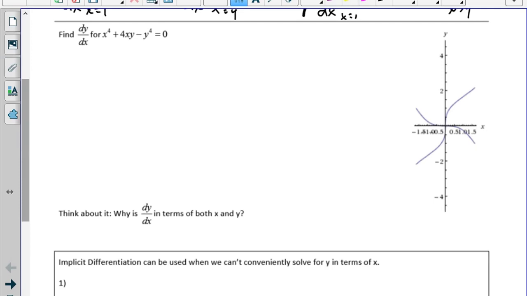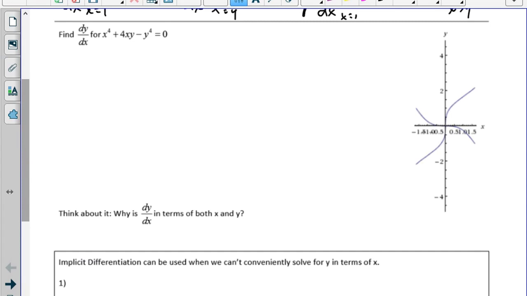So we might want to deal with a graph, for example, of x to the fourth plus 4xy minus y to the fourth equals 0. We have a Desmos equivalent of this graph already on our paper. What might we want to do here? We will do something called implicit differentiation, and that can be used when we can't conveniently solve for y in terms of x.